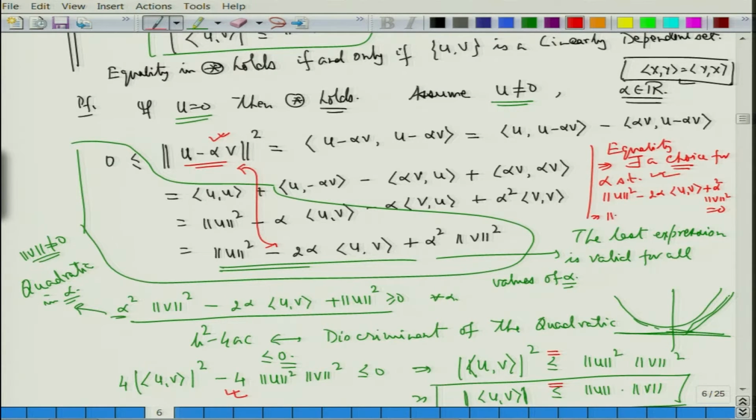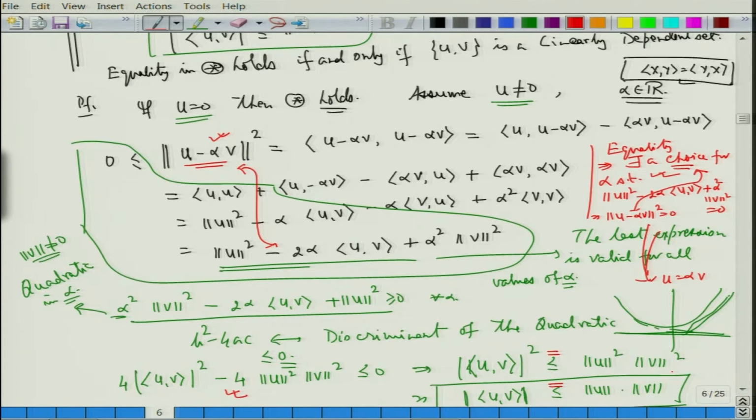So this implies that norm of (u minus alpha v) square is 0 for the same choice of alpha, and this implies that u is equal to alpha v, because the norm of something being 0 means the vector is 0. Is that okay? Fine.